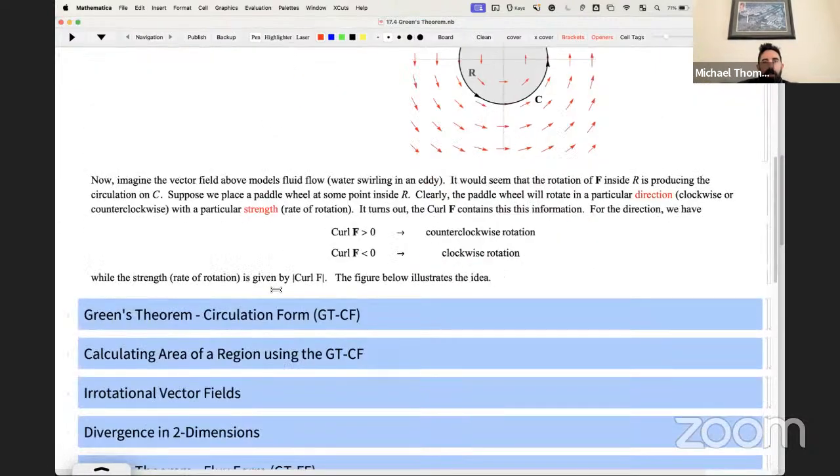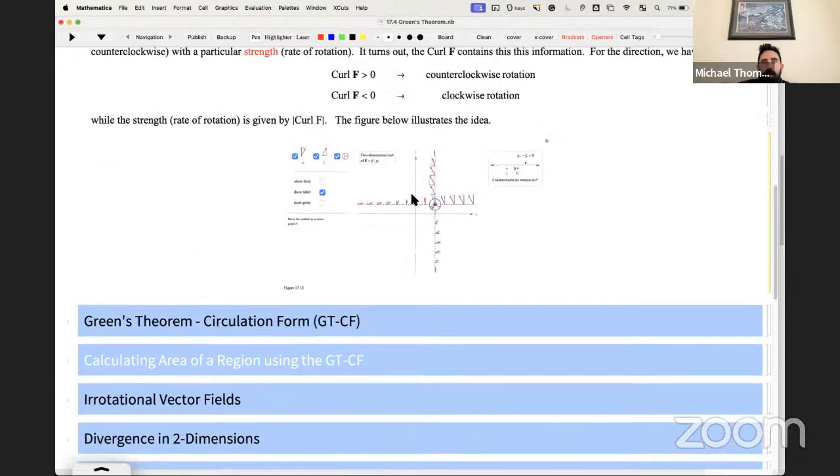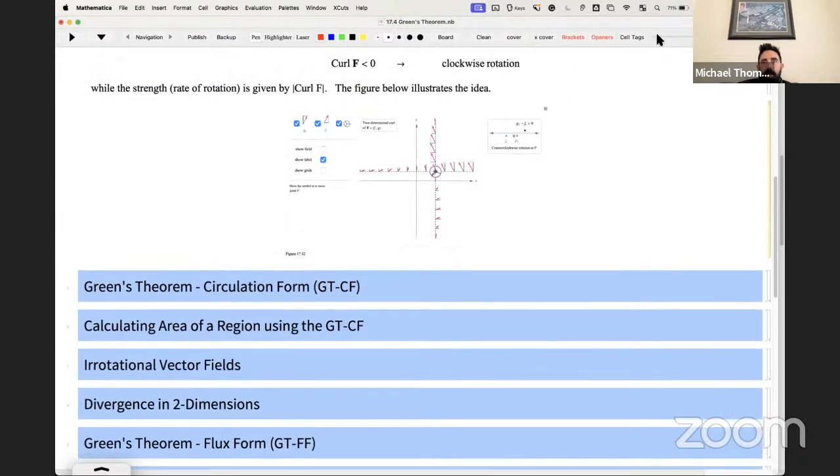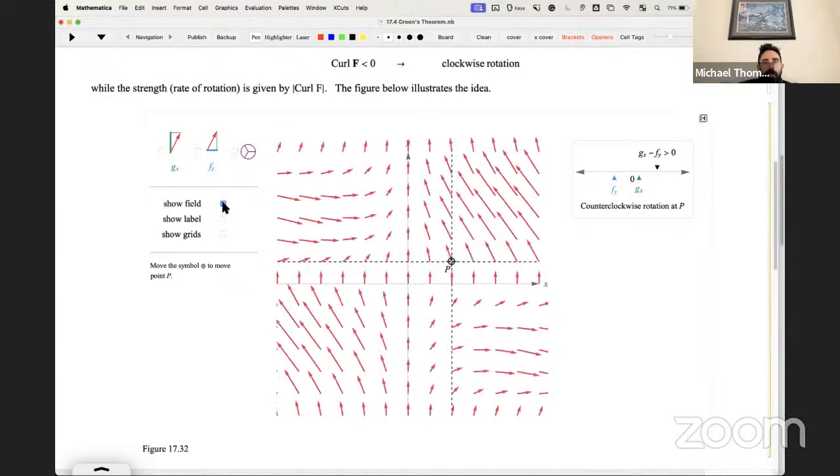All right, so let's look at a more general case. All right, so first I'm going to lay out the vector field. Okay, there's your vector field. And what I'd like to do is find the curl at a specific point in the vector field.